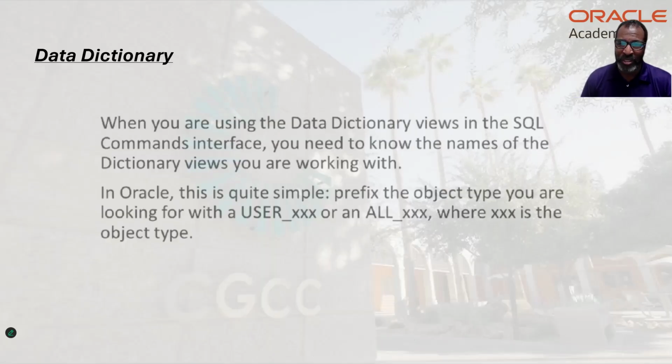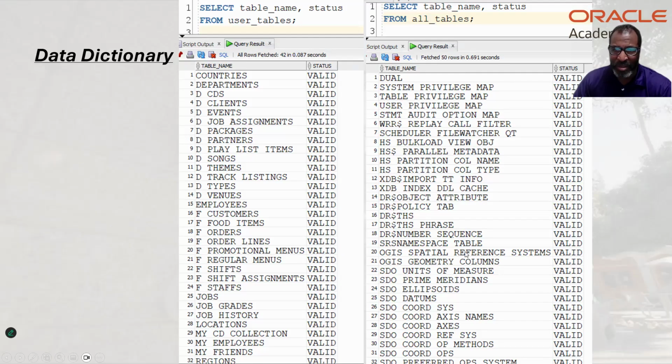When you're using data dictionary views in SQL, you need to know the names of these views or tables. And it's quite simple. The prefix of the object that you're looking for is always USER, then an underscore and some type of descriptive name, where XXX is the object type.